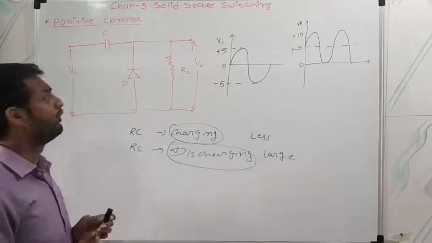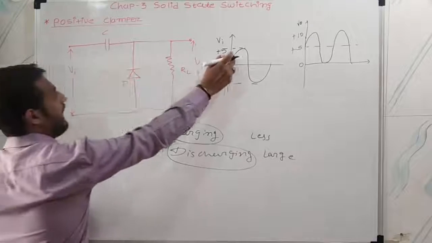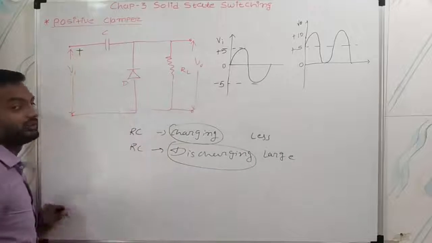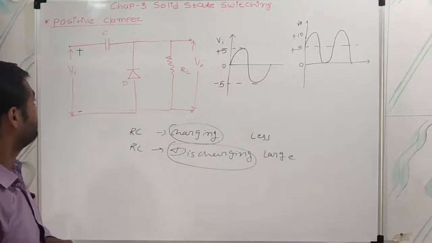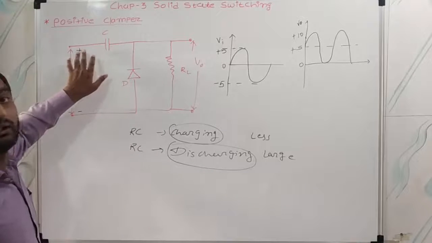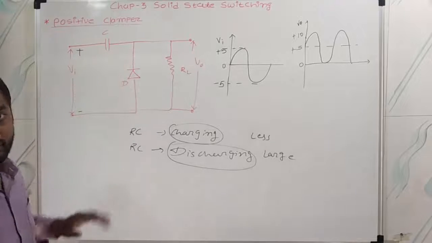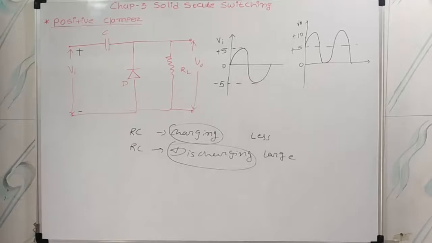Suppose this part of the input is positive and this part is negative. When you just give the supply, that diode is in reverse bias condition, and in reverse bias the diode will work as an open circuit, right?